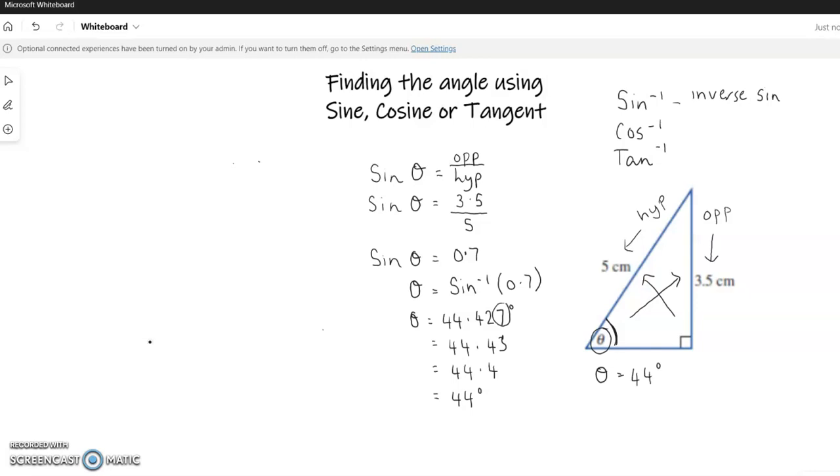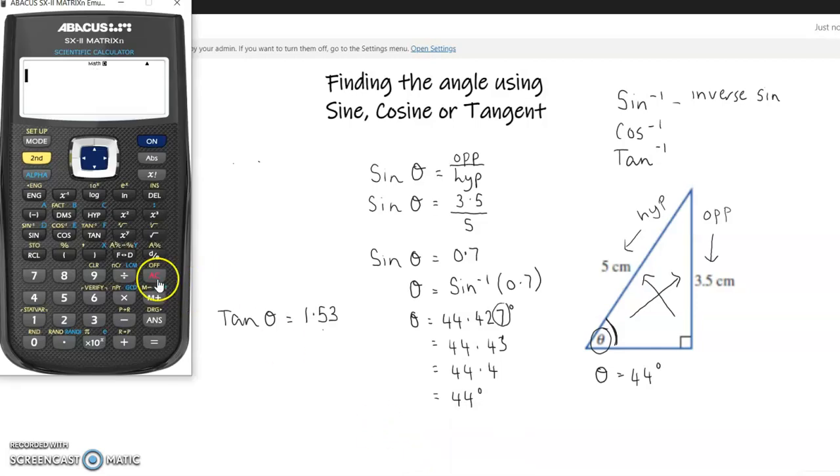Now, let's just quickly revise how to find an angle. Say, for example, I've got an angle and I know that tan of theta is equal to 1.53, and I want to work out the angle. Let's revise what we do on our calculator. We're going to go to second.